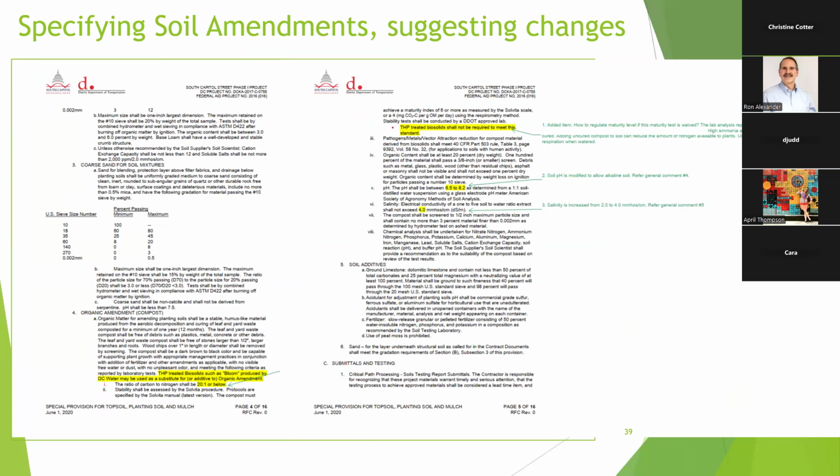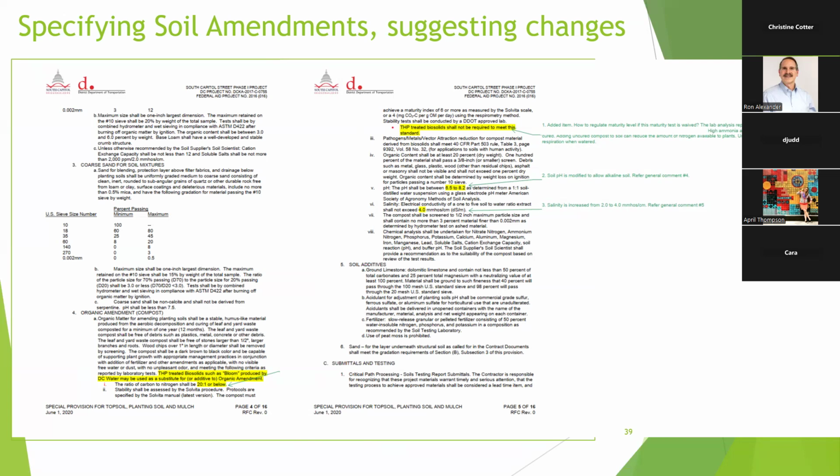And this is an important concept because this is often the case. It can be half the cost on these big projects to manufacture the soil on site. But the issue is it just takes a little bit of technical know-how. So if landscape architects don't have that know-how in-house, they have to get assistance from outside.